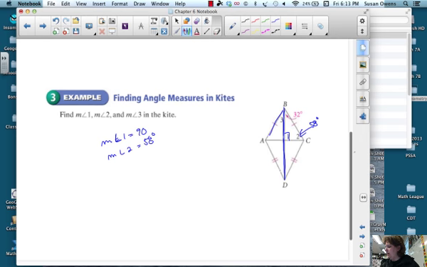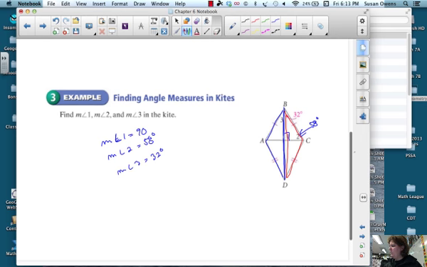So you've got side, side, side, and you can say that these two triangles are congruent. So basically the blue one and the red one. Well, if those two triangles are congruent by side, side, side, the last side reflexive, then the two angles at the top have to be the same. And so I can say that the measure of angle 3 equals 32 degrees.